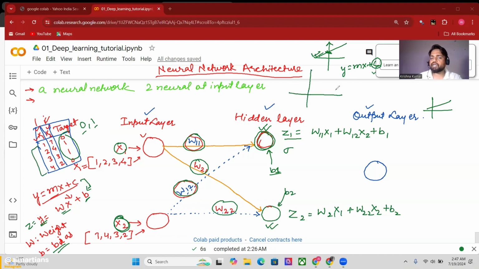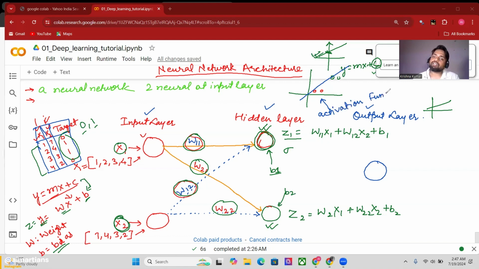If I put these 4 data points on this hyperplane, the equation of line simply goes through, so it will not be able to differentiate these two classes into different groups. So what can we do here? We have a concept called activation function.